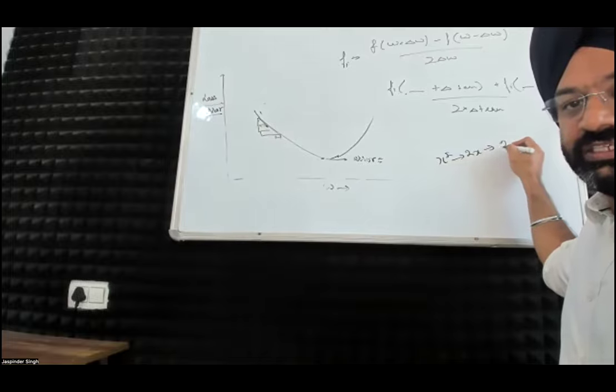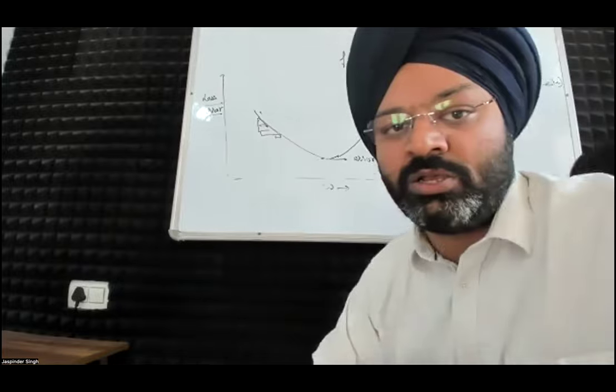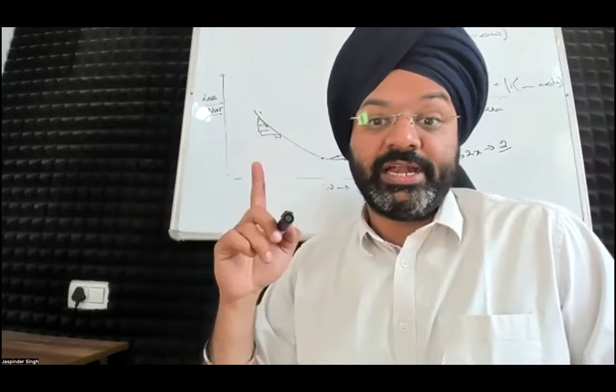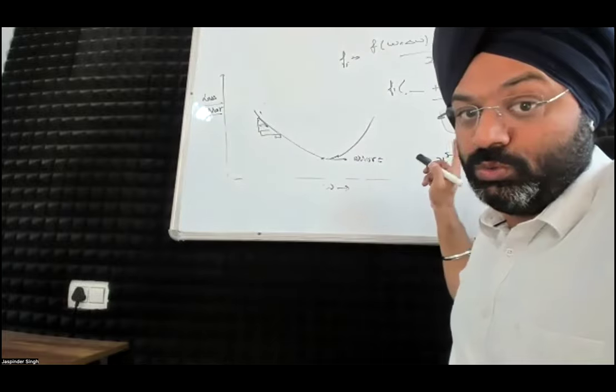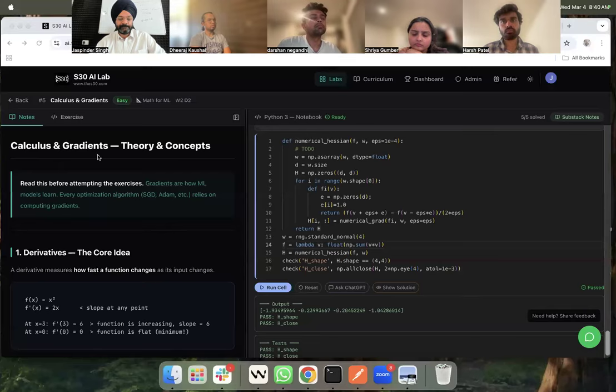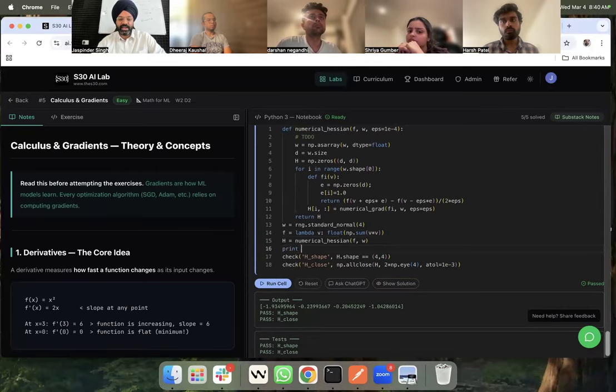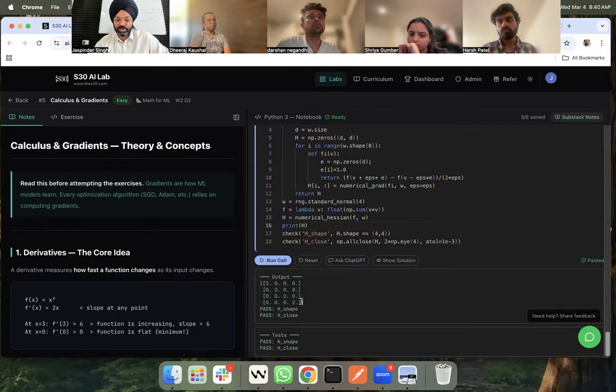The second order derivative is nothing but 2. All right. So if I print the Hessian matrix in the end, I should be having 2, 2, 2, 2. Make sense? Let me print. In the end, if everything is correct, if I print the h, then my Hessian matrix should be 2, 2, 2, 2.